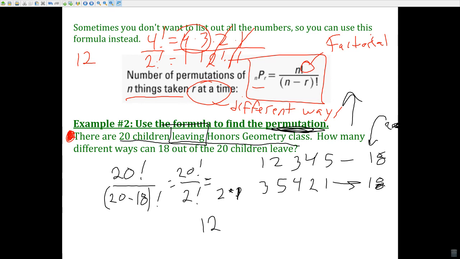It looks small, but it's actually ginormous. 1.21645, and then blah, blah, blah, E18. What that really means is you're doing 1.216 blah, blah, blah times 10 to the 18th power, which will carry this decimal place over 18 times. That's what that's doing.